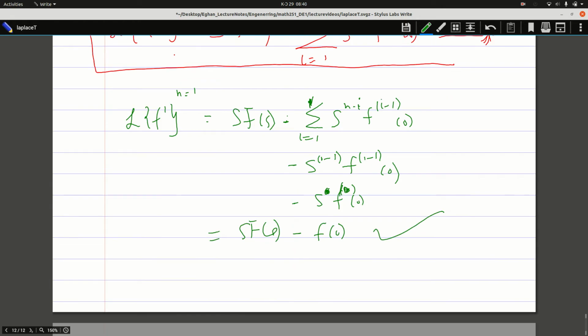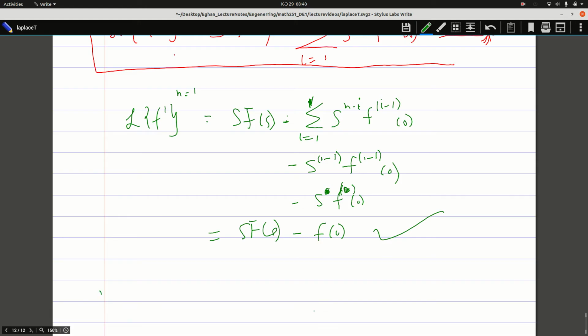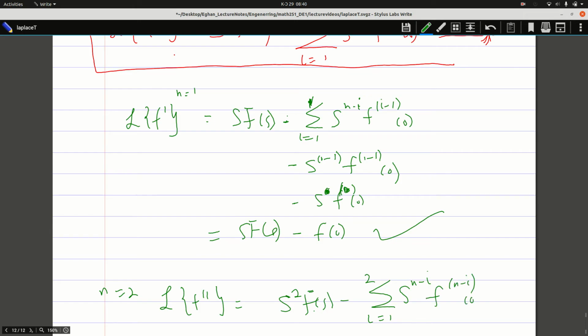When n is equal to 2, I'm taking just the last one. From the formula, I have the Laplace of the second derivative. It means I'm taking s to the power 2 times F of s, minus the summation with i running from 1 to 2 of s to the n minus i, f to the i minus 1 of 0, the functional value there.